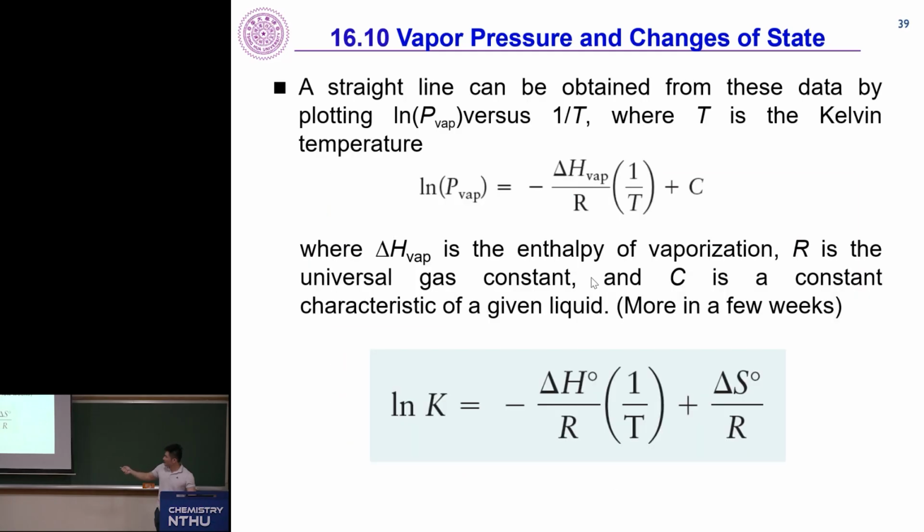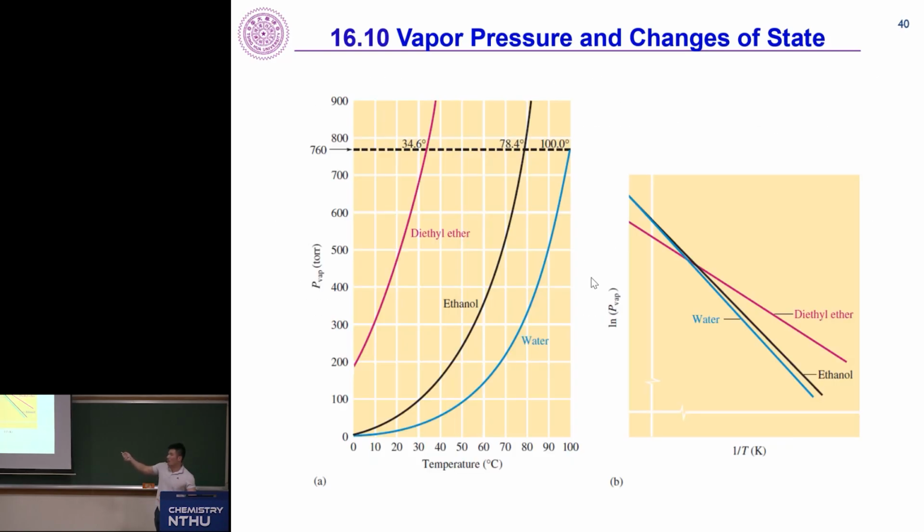The second is the absolute value of the slope is going to be proportional to delta H with a division of R. So for example, if the slope of diethyl ether is 1, the heat of vaporization will be 1 multiplied by R. That means it's going to be 8.314 joule per Kelvin per mole. It's going to be the same for ethanol, it's going to be the same for water.